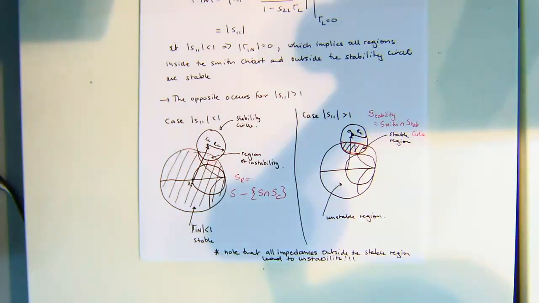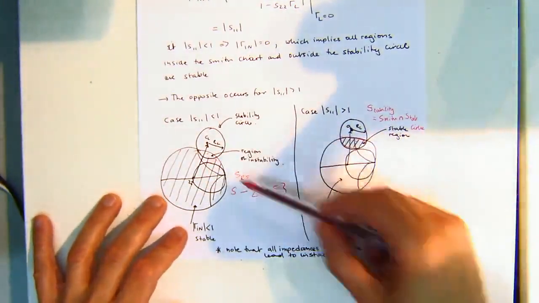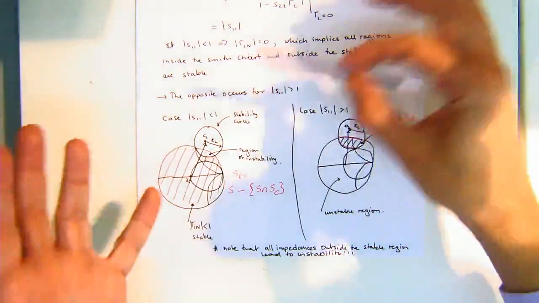Okay, so essentially, just to recap, we've got a transistor. We work out that it's conditionally unstable, because we've done the K test. We then work out the stability circles. In order to do that, we work out the center and the radius of the stability circle for the input impedances and for the output impedances.